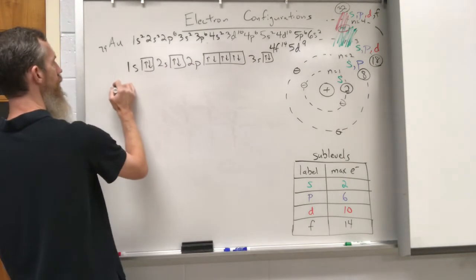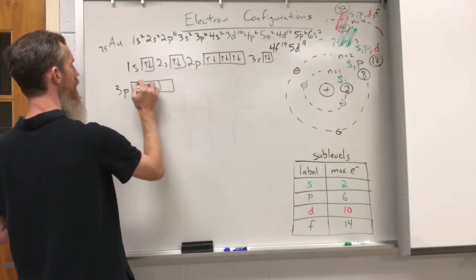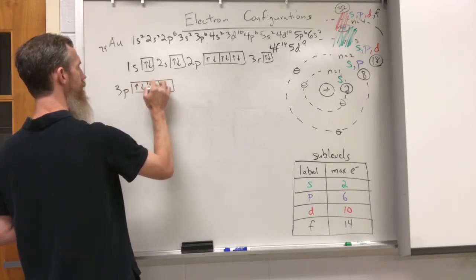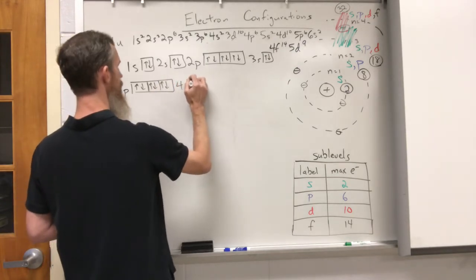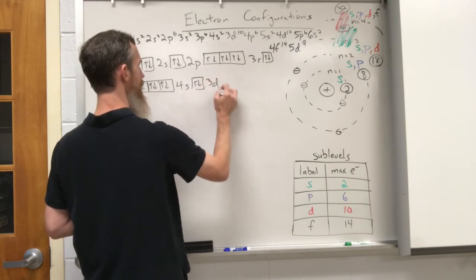All right, then we're gonna go 3p. 4s has to be in order. Has to follow this exactly. Now check this out. 3d.